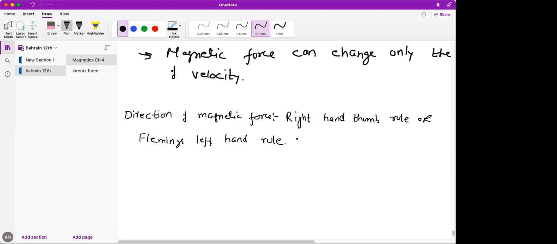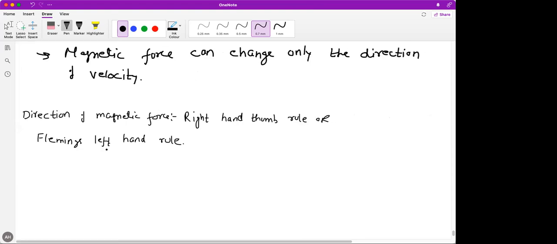You can use any of these two laws, but Fleming's left hand rule is valid only if the charged particle is moving perpendicular to the magnetic field. If the charged particle is moving at 30°, 40°, then you can't use Fleming's left hand rule. But this right hand thumb rule is always applicable. Right hand thumb rule you can use always.